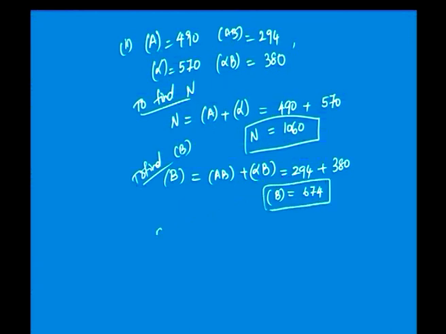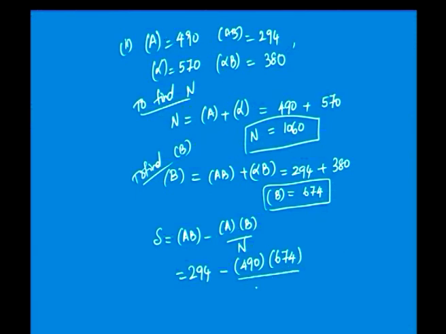Now, we will use the formula for delta. Delta is equal to AB minus A into B divided by N. AB is 294, given in the question. A is 490, given in the question. B you have found out, that is 674, and N we have found out to be 1060.